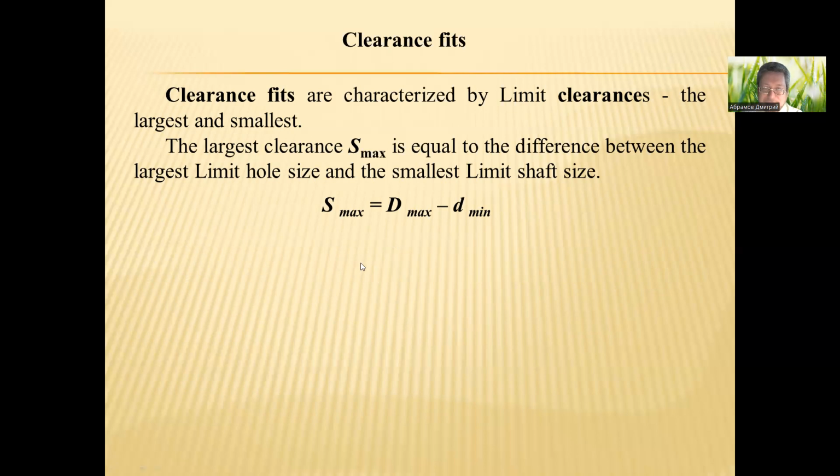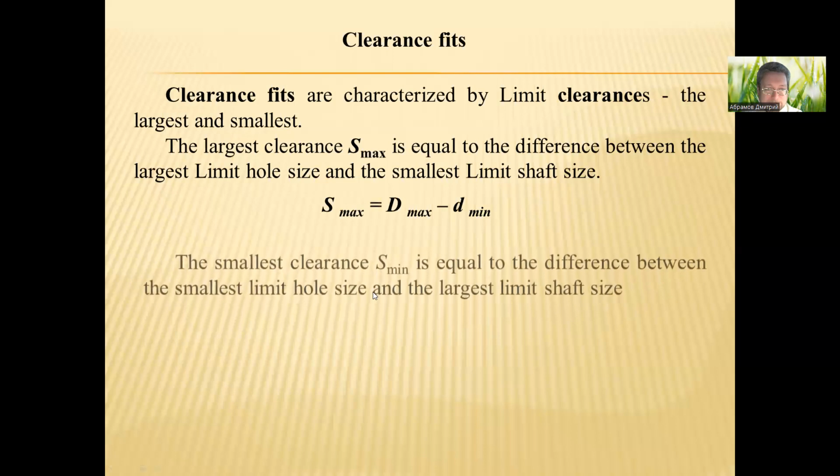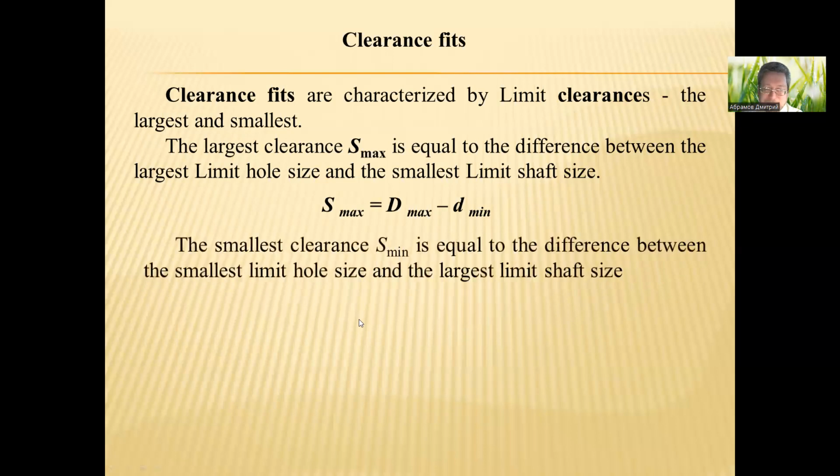S maximum is equal to D maximum of the hole, big D, minus small d minimum, the minimum diameter of the shaft. The smallest clearance, S minimum, is equal to the difference between the smallest limit hole size and the largest limit shaft size. S minimum is equal to the minimum diameter of the hole minus the maximum diameter of the shaft.